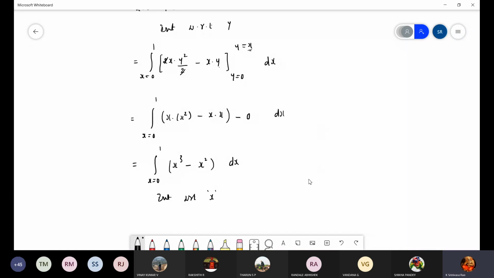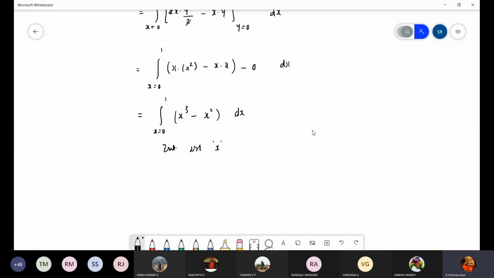That gives x³ integrated is x⁴/4, minus x² integrated is x³/3. Now substitute the limits x equals 0 to x equals 1.